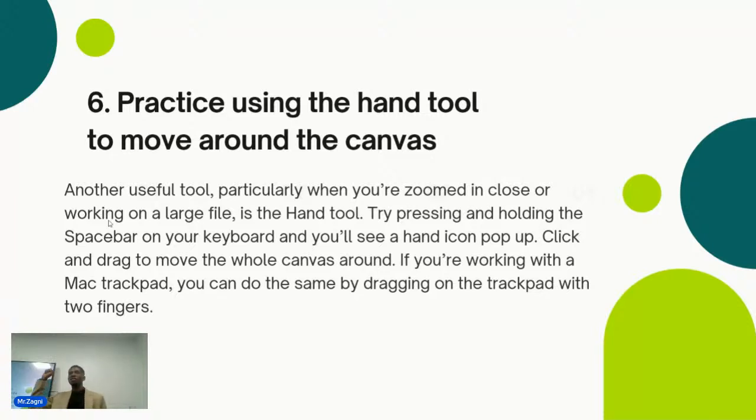Have you seen it? Press it and hold it. Something like this will come up. Space bar. Let me just come down to check if you people are in the right place. Are you seeing it?